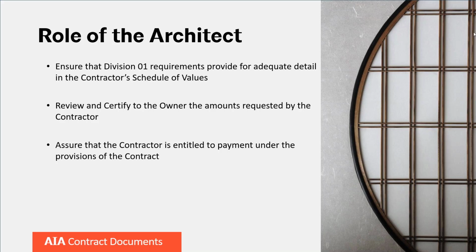But that is where the process starts, is through the architect's observation leading up to each periodic payment throughout the project. And then we'll talk about how to ensure that the contractor receives its entitled payment, because the architect has a role in certifying that, and then that triggers timing that has to be met by the owner as well as the contractor after payment is received.